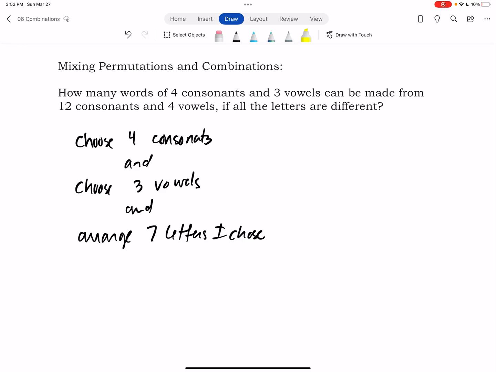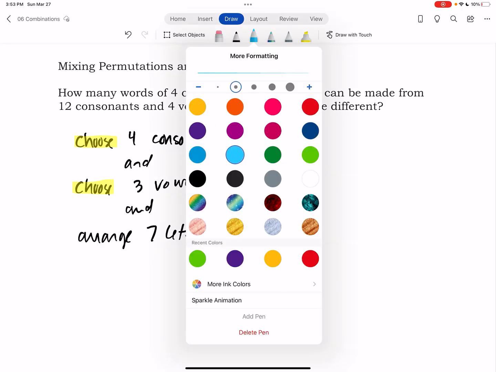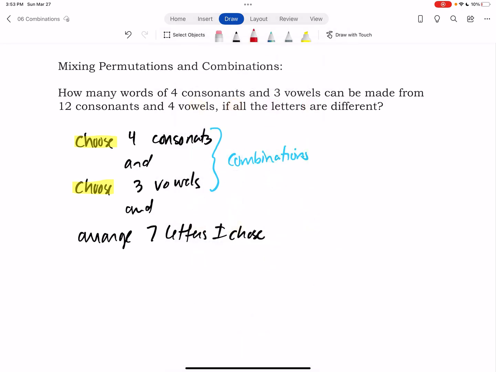So here I'm just choosing 4 consonants and 3 vowels. These are both combinations. And then I'm going to arrange the 7 letters. This is going to be a permutation.